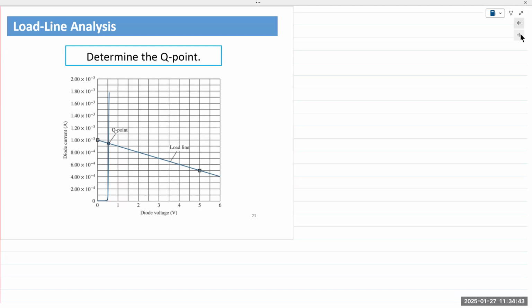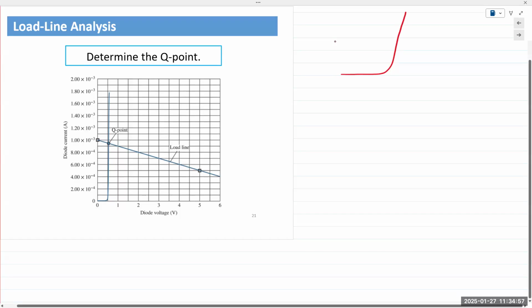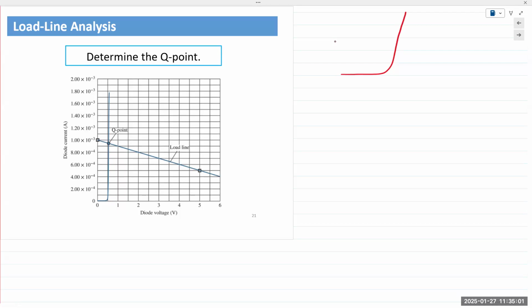Now, our diode characteristics look like this. Where would the diode voltage be? It could be anywhere along this characteristic, right?